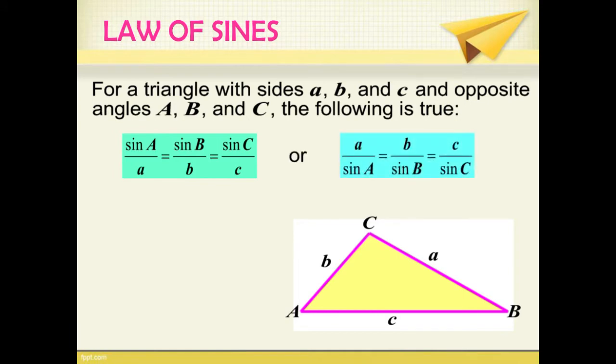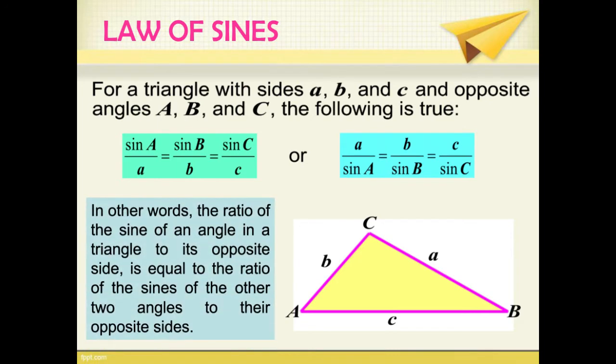Or we can express this as a over sine A equals b over sine B equals c over sine C. So the ratio of the sine of an angle in a triangle to its opposite side is equal to the ratio of the sines of the other two angles to their opposite sides.